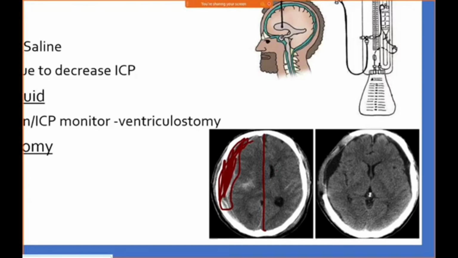At this point, what they did was they went in and removed the skull. This is actually brain tissue right here. That's the edge of your brain tissue. They have evacuated all that blood. They took that blood off the top of the brain, and the brain is now swelling out. This right here is meninges.